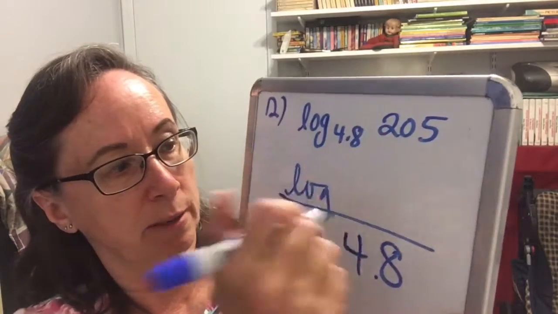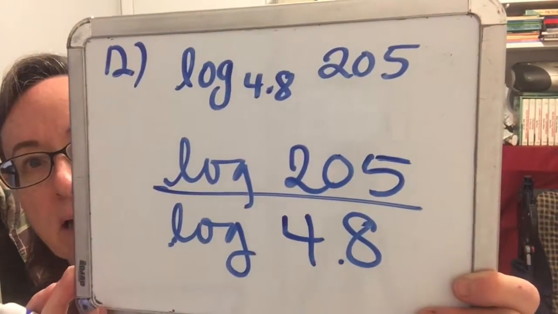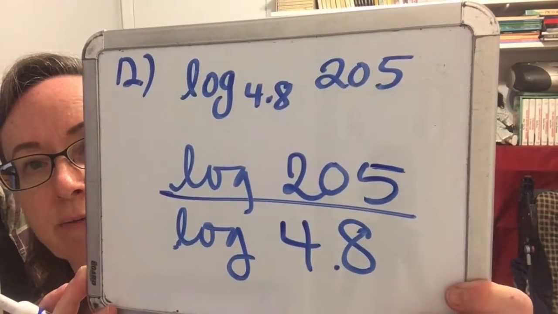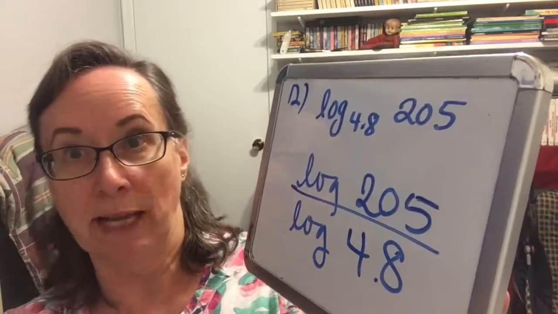And the argument is going to go upstairs, so we're going to put log of 205 over log of 4.8. I could do natural log of 205 over natural log of 4.8, either one, as long as I'm using the same logarithm in both directions. So I'm going to put natural log in instead of log, just to show you that we can get the same answer.